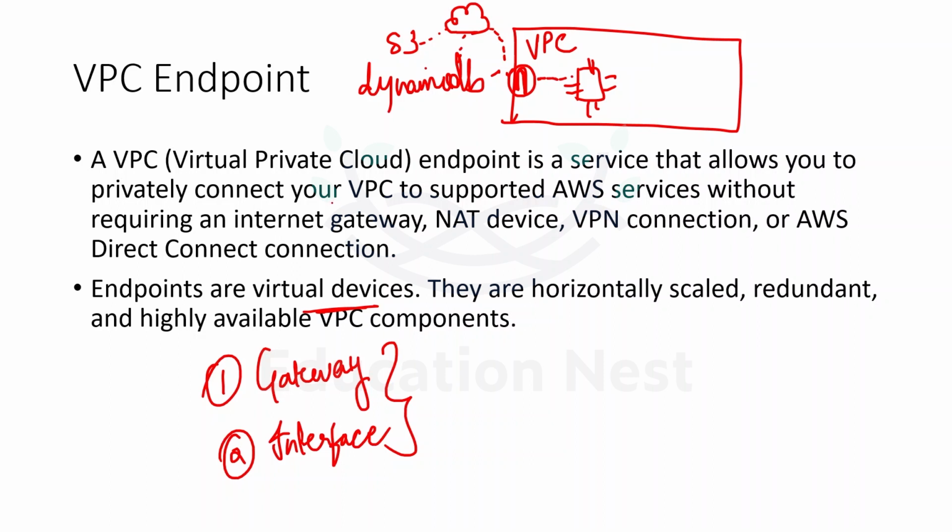With a VPC endpoint, you can establish a private connection between your VPC and the AWS services, which allows you to access the services securely and quickly without exposing your traffic to the public internet. So this is one benefit.